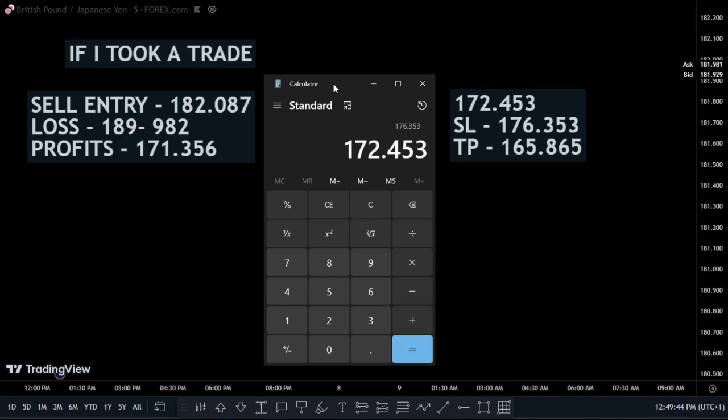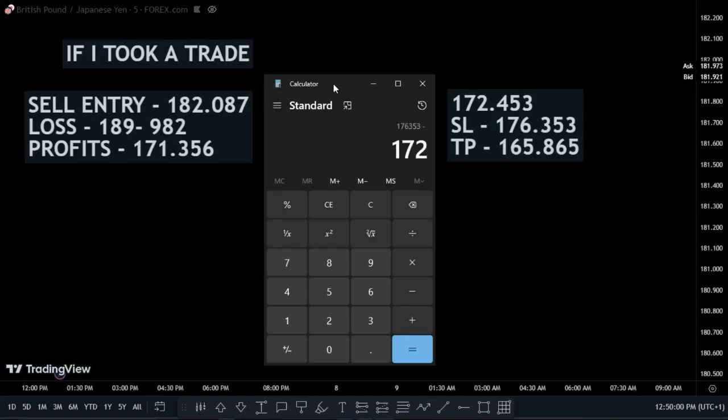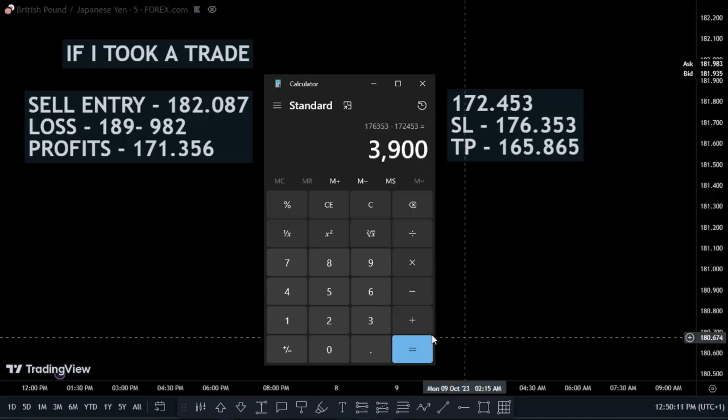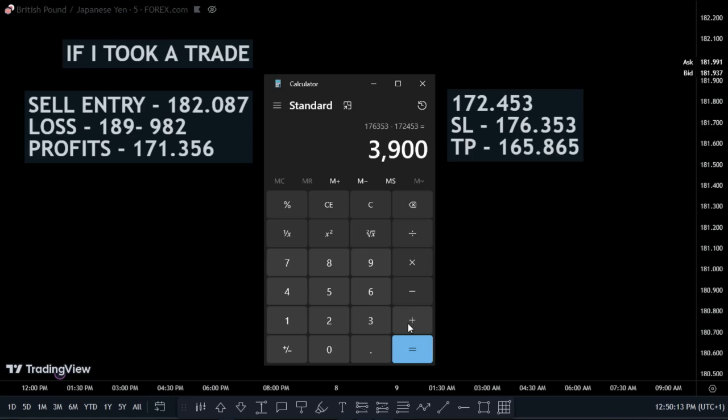Now, another easy way to do this is to take out the decimals. So we have 176353. We know the last number in there is a pipette, so we move on. Minus 172453, right? So now we get 390 pips and 0 pipettes. So our loss is 390 pips straight.